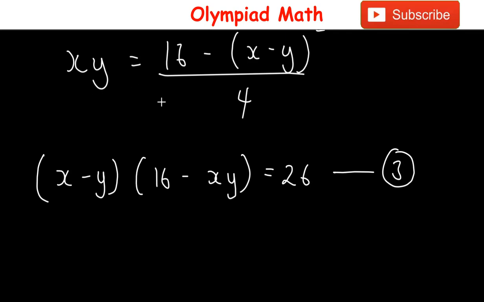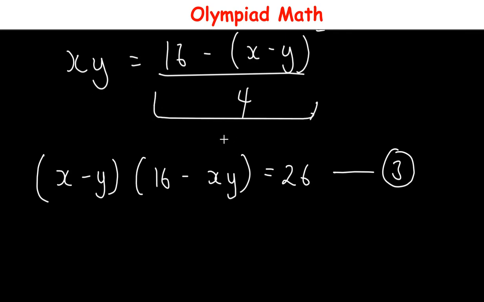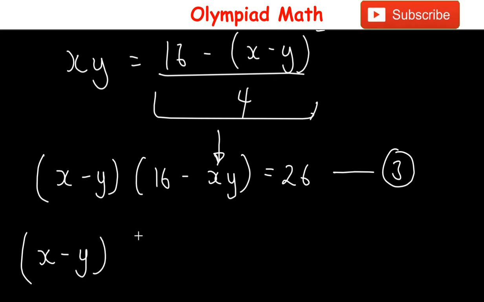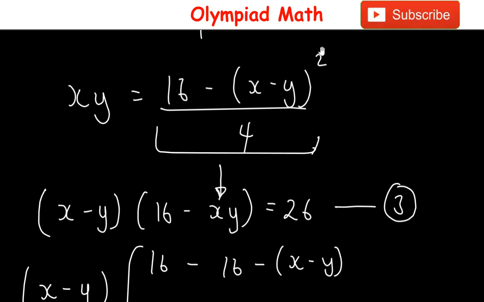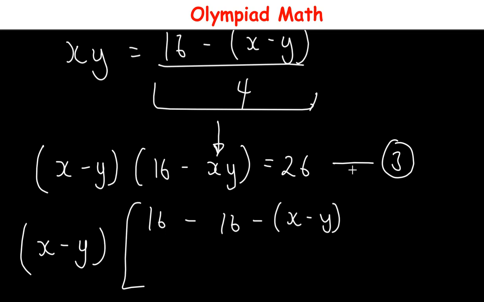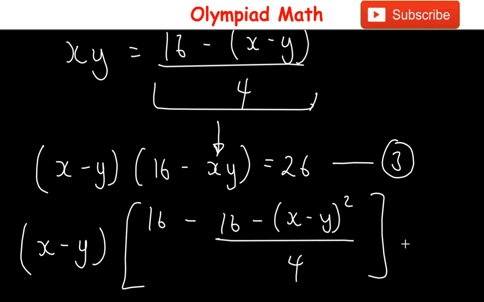So inputting the value of x times y into this equation, this then becomes in brackets x minus y, multiplied by 16 minus in brackets x minus y raised to power 2 divided by 4, and this equals 26.